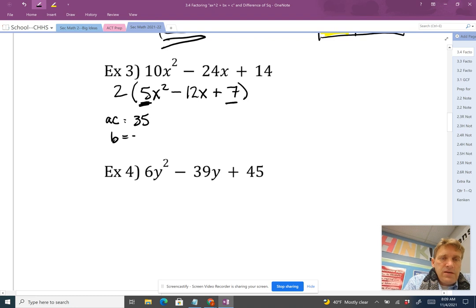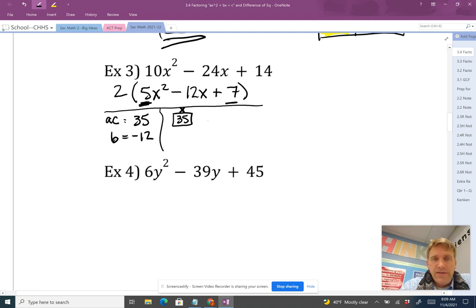And B is negative 12. So I'm going to take 35 and just make note that I'm multiplying to 35 and adding to get negative 12.